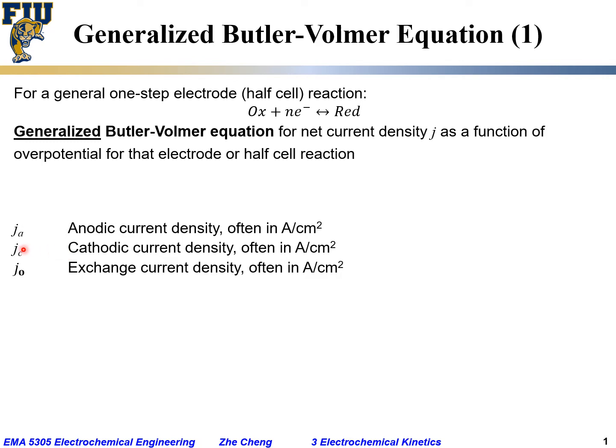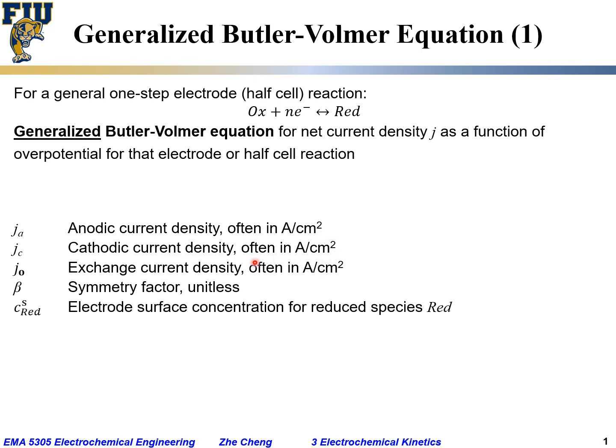Okay, and as explained before, JA is the anodic current density component. JC is the cathodic current density component. Both of these are often in units of amps per centimeter squared. You may come across other units such as amps per meter squared. J0 is the exchange current density, which is the value of JA and JC when the overpotential is 0.